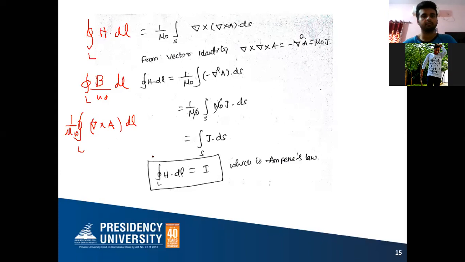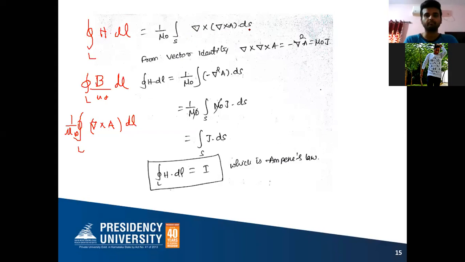Now we know Stokes theorem, correct? What does Stokes theorem state? We can convert a line integral to a surface integral using Stokes theorem. So this is your line integral. If you convert it to a surface integral, you will get something like this: 1 by mu naught del cross A dot ds.